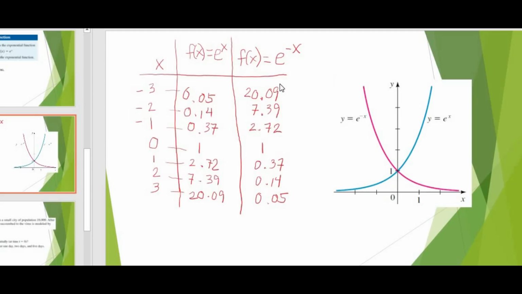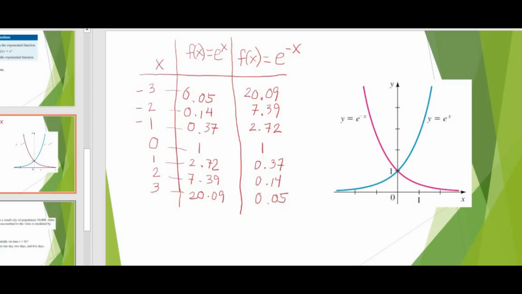And of course, if we plot these functions, then our e to the power x would be this graph here, and our e to the power of negative x is this graph.